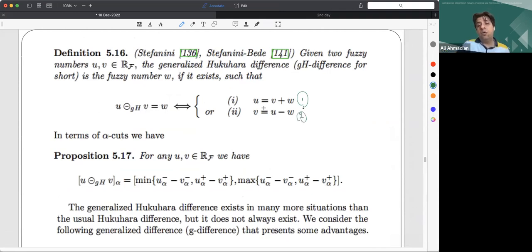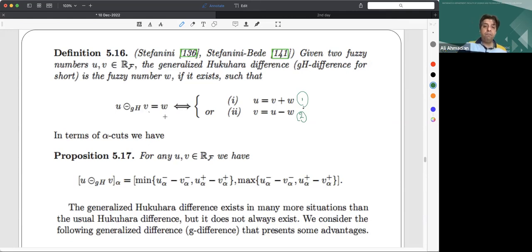The first one is the Hukuhara difference, or V is equal to U minus W. It means that if we have one of these situations, U is equal to V plus W, or V equals U minus W. This minus is the standard difference, okay? Then U minus generalized Hukuhara V equals W. This is another common difference that we have.